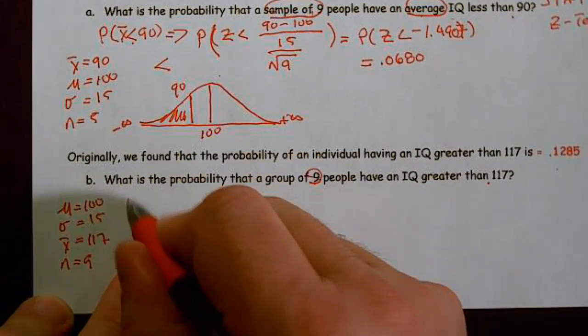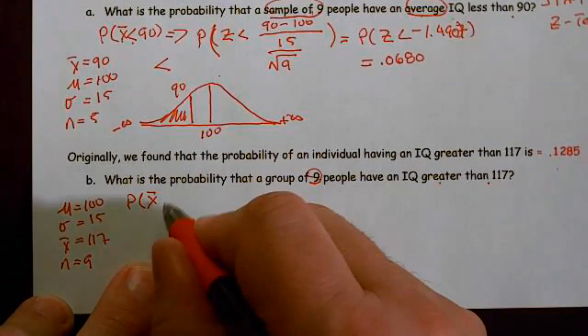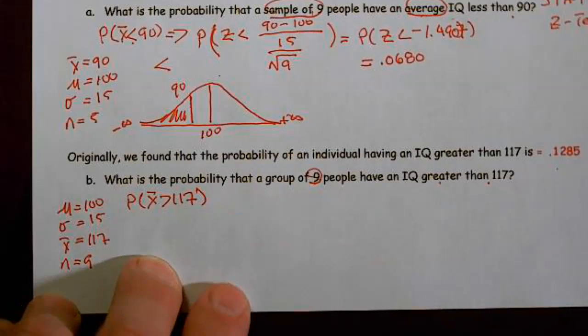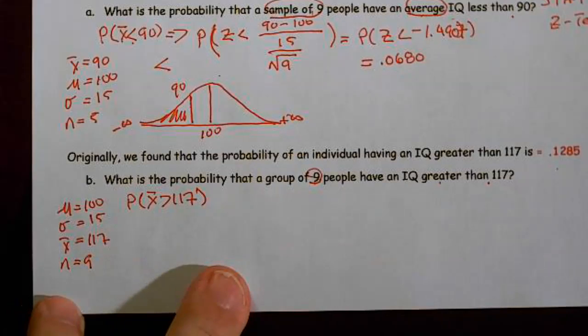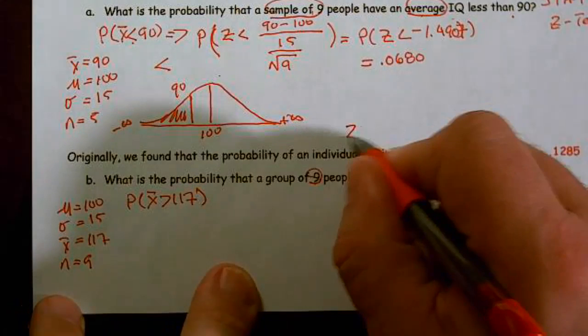So we want the probability that X bar is greater than 117. We want to know the probability that that group of randomly selected people have an average IQ of greater than 117. That doesn't mean every individual has an IQ greater than 117. It just means the group does, the average of the group.